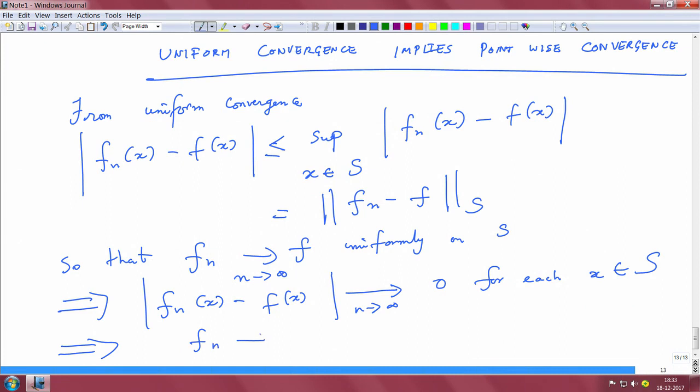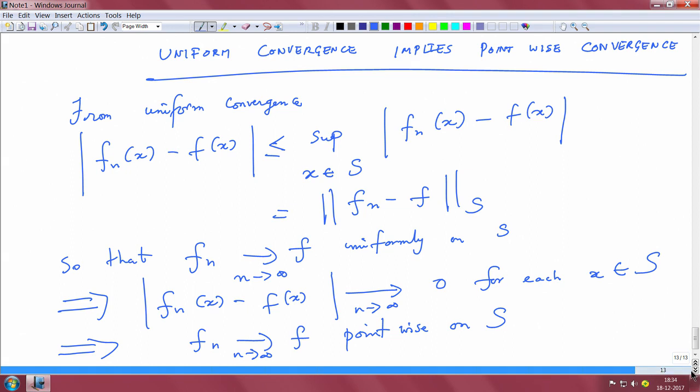This implies fn heads to f as n goes to infinity pointwise on S. So, uniform convergence implies pointwise convergence, but pointwise may not imply uniform convergence.